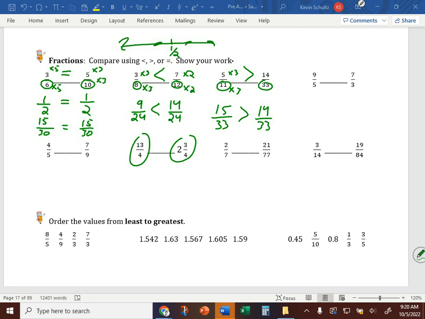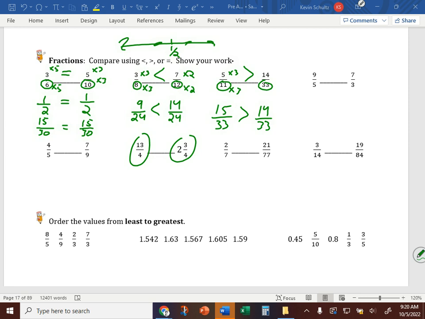That can help you. And then down at the bottom, kind of a review of everything here. We've got several fractions to order from least to greatest, several decimals, and then a mixture of the two. So you might want to convert your decimals to fractions. You might want to convert your fractions to decimals, okay? It might help if they're all in the same value.